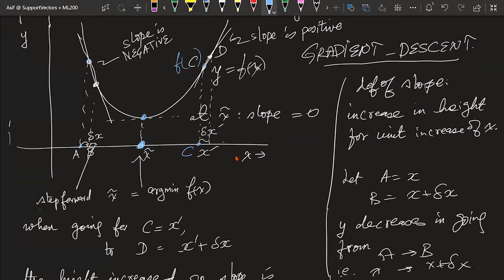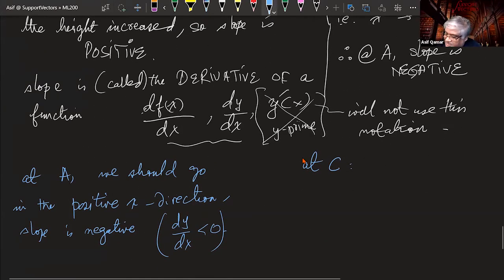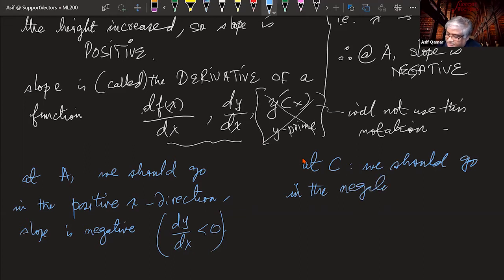Negative x direction. At C, we should go in the negative x direction. Here, the slope is positive.